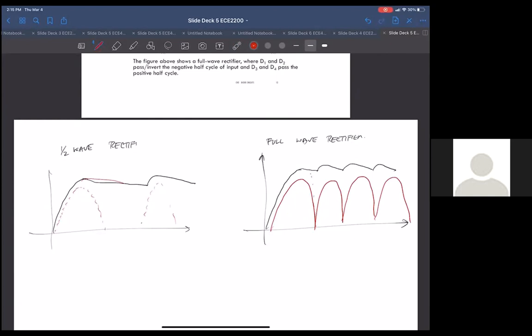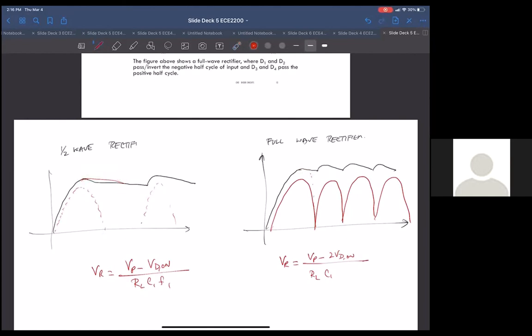So again, if you remember, the equation for the ripple was V peak minus V diode on over R load C f1. Here for the full wave rectifier, we have two diodes in our path, so from that point of view it's slightly worse. But because our frequency now, this frequency is half this frequency, the other way to look at it is this is twice the frequency of this guy.